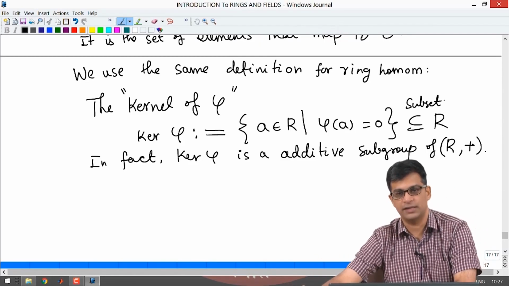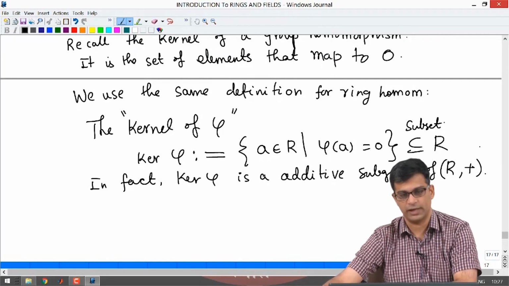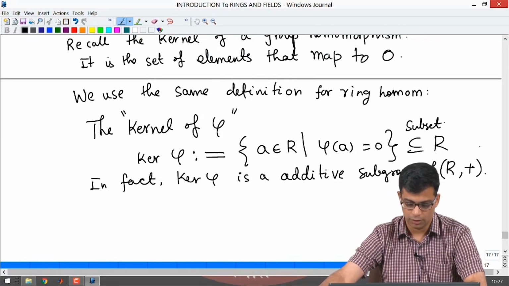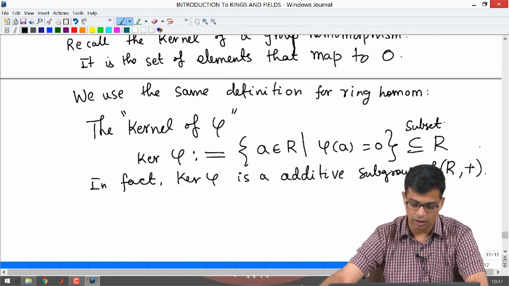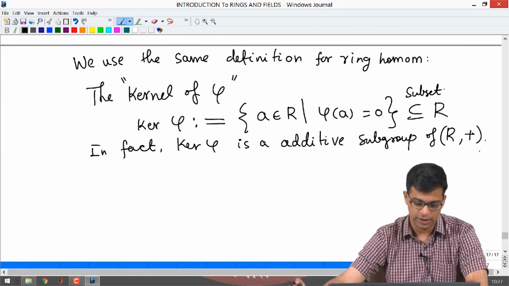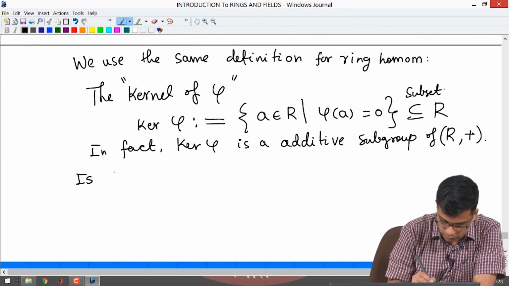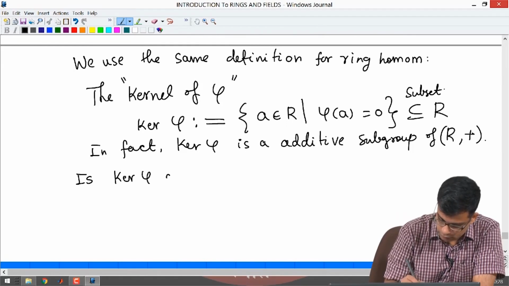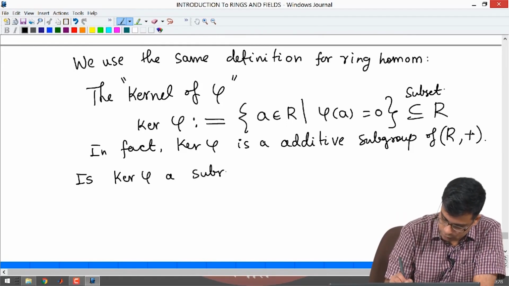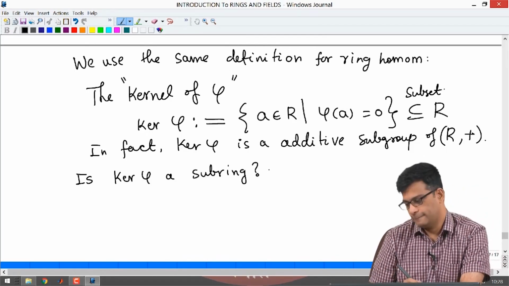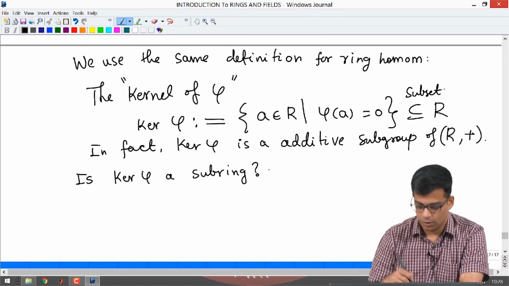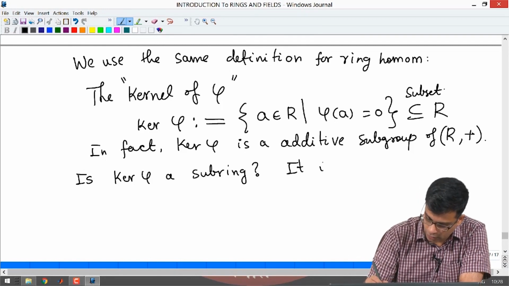Now let us come back to ring theory, we are doing rings, not groups. What other properties does the kernel have? Is the kernel a subring? Think about it for a second. Is the kernel a subring? It is not. Why not?